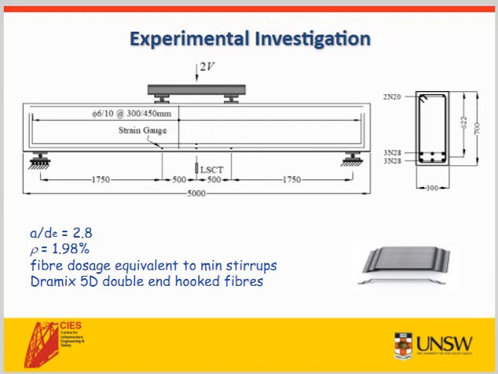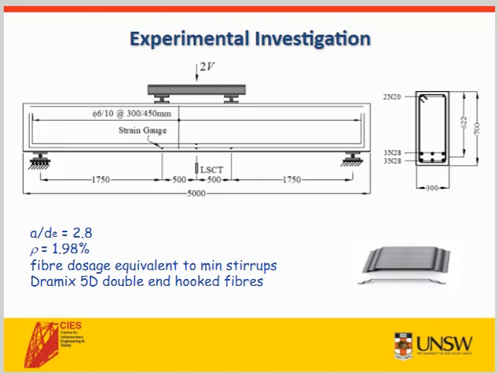We conducted a very large-scale experimental program where we manufactured and tested 10 5-metre long, 700mm high and 300mm wide beams. The beams had a shear span to effective depth ratio of 2.8. This value was selected to minimise any effects due to arching.